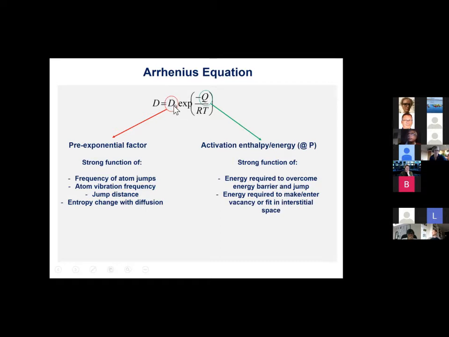The same thing with this pre-exponential. It depends on the frequency of the atomic jumps, the frequency of the atomic vibrations, the jump distance that you have, and the entropy change that you cause by diffusion. All of those things go into these.